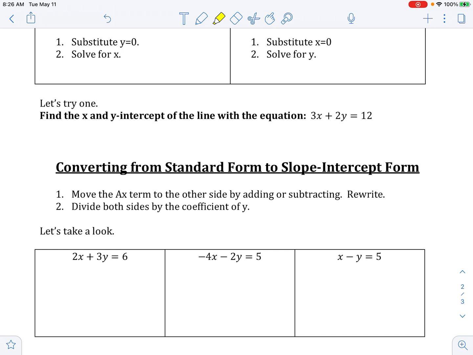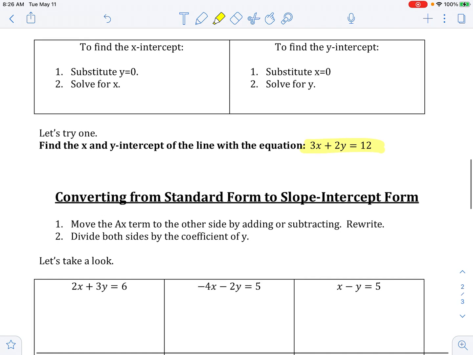So let's take a look at an example of how we can find the x-intercept and the y-intercept on the line with the equation 3x plus 2y equals 12. Remember, if we're finding the x-intercept first, it doesn't matter really which one you do first, we're going to find the x-intercept first. So we're going to replace y with 0.